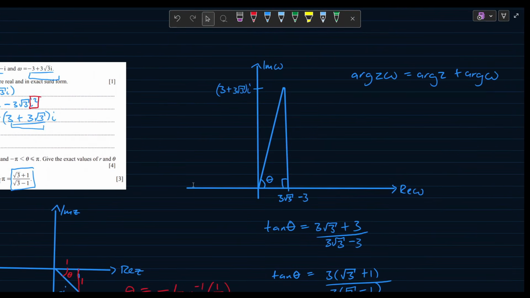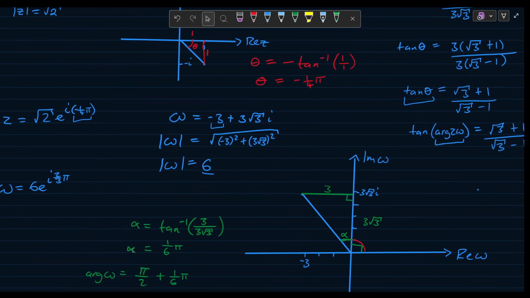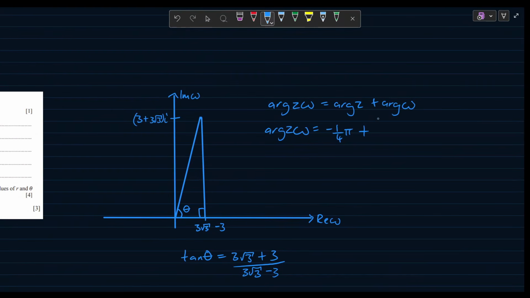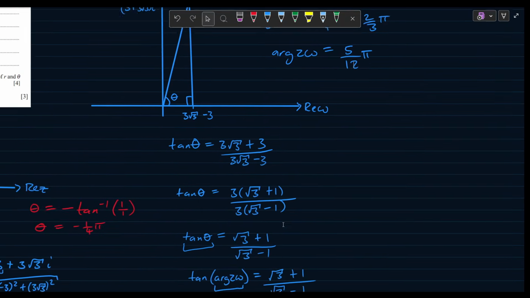So this becomes arg z omega is equal to negative a quarter pi plus arg omega. Arg omega is 2 over 3 pi. So plus 2 over 3 pi. Arg z omega is equal to negative 1 over 4 plus 2 over 3, and that gives us 5 over 12 pi. So it means arg z omega is 5 over 12 pi.